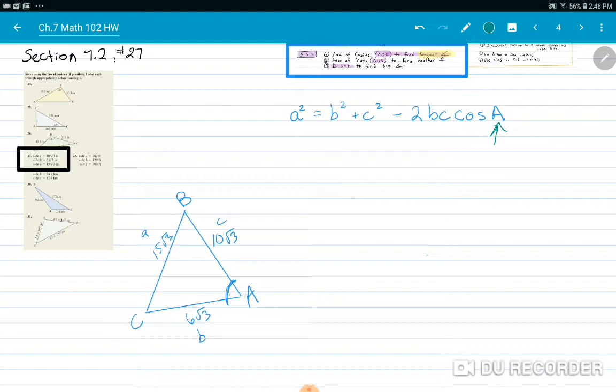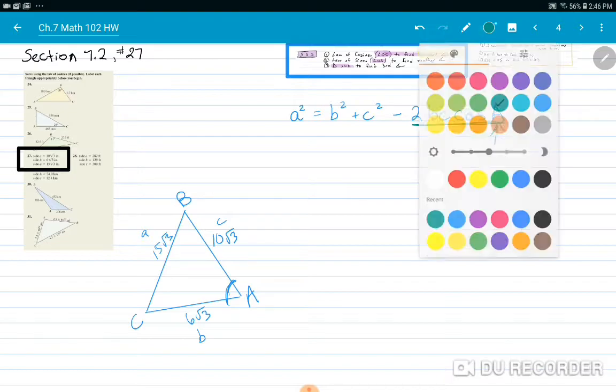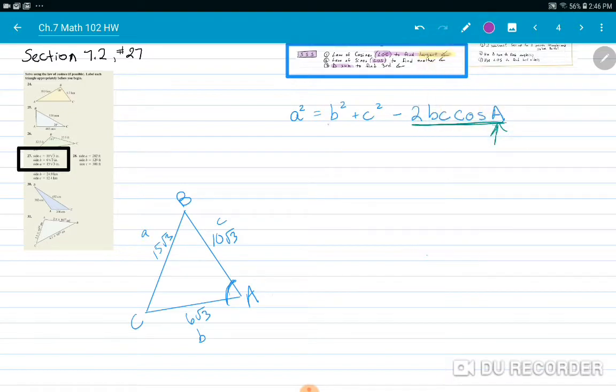So to do that, the first thing I need to do, I need to get that term with A. This is the term that has the A. I need to get that by itself, which means I need to subtract this and this. So I get minus B squared and minus C squared from both sides.